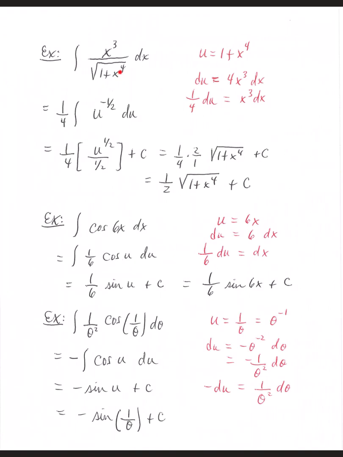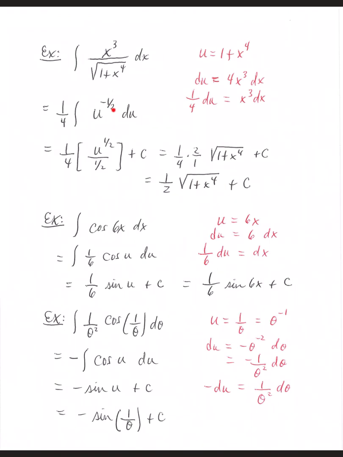Our radical being in the denominator, this is u to the 1/2, but when you move it up to the numerator, it's u to the negative 1/2. Any term that you move across the fraction bar, its power changes sign.